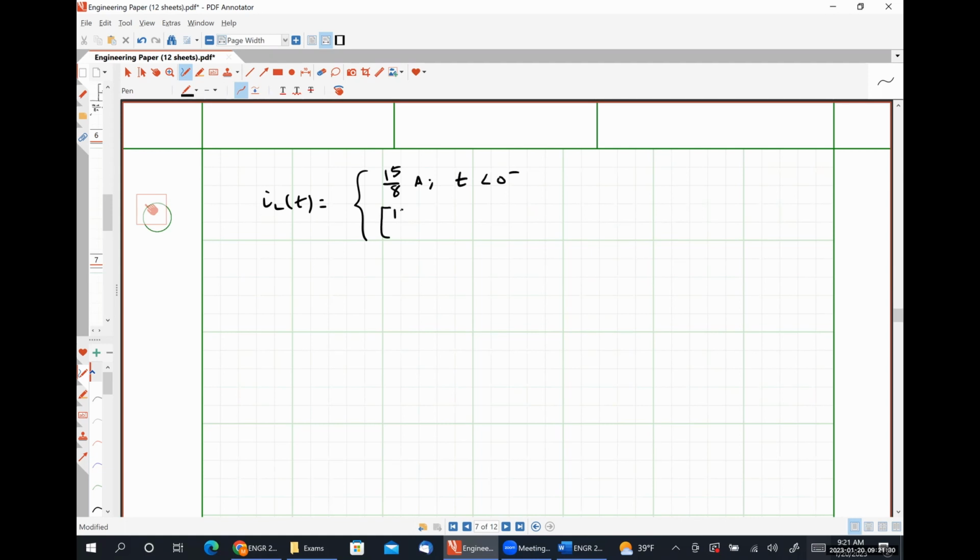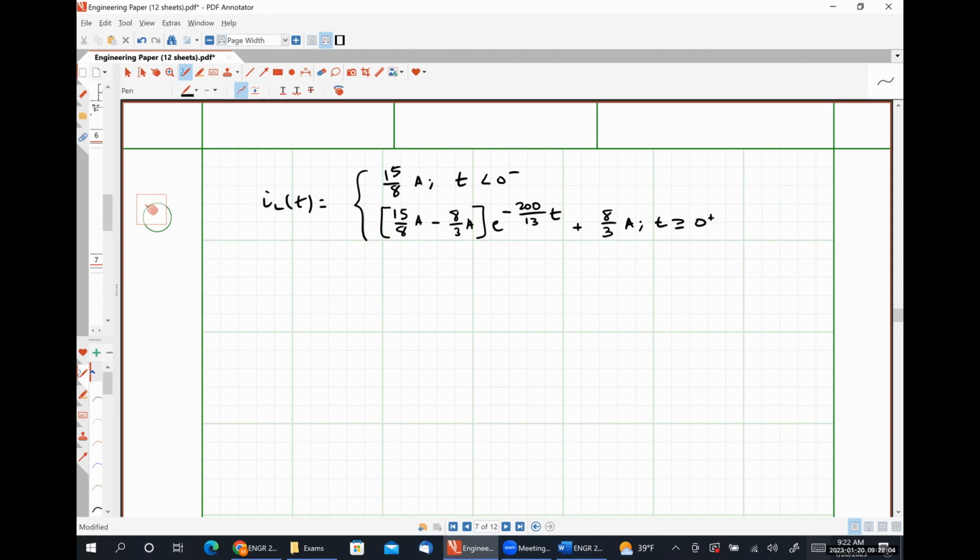And then here we're going to have 15 over 8 minus IL at infinity, which was 8/3, I believe, times e to the minus 200 over 13 t, plus 8/3 of an amp for t is greater than or equal to 0 plus.